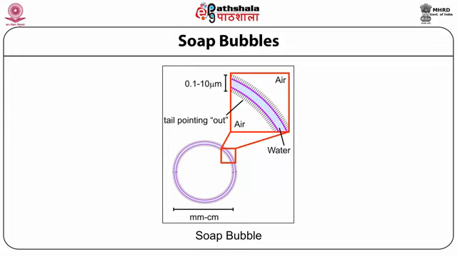Soap bubbles, on the other hand, are bilayers of fatty acid anions forming a spherical shape which enclose a thin water layer. The formation here consists of the tails stacked together.